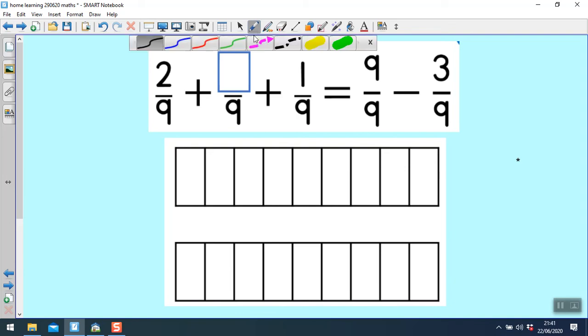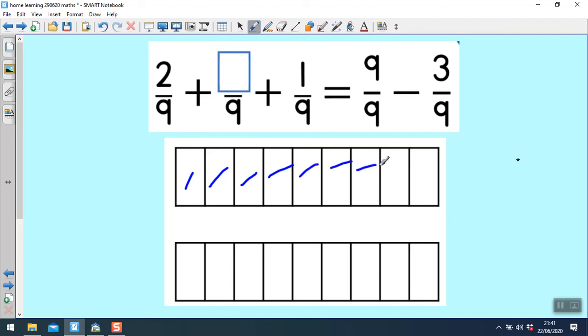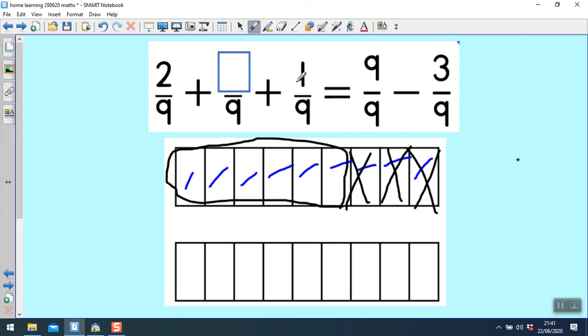So I can use the bar model to help. So I had 9/9 on the first one, which is all of it. And I'm going to cross out 3/9. So my answer is this. So 6/9 needs to be my answer to this.